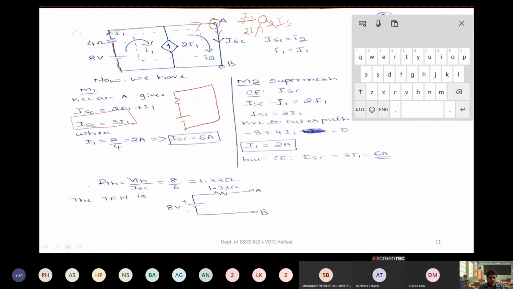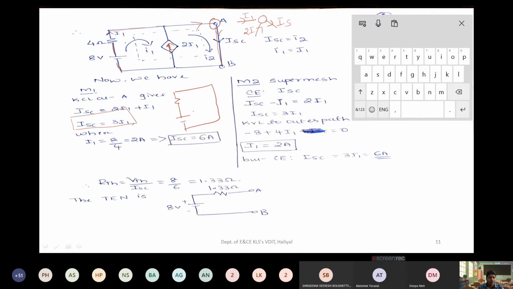Here we had this voltage source. In this current source, no current will flow because of this short circuit here, because current will choose the least resistance path. So you can take this off. What we get is I1 is equal to 2 amperes, right?